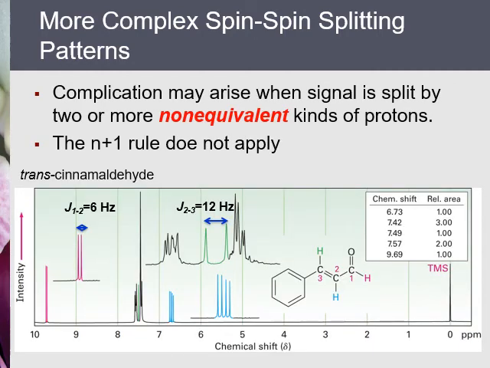Here is another example. In this molecule, we have an aldehyde hydrogen which has a chemical shift of about 9.7. This peak appears as a doublet. This is because this hydrogen is coupled with a vinyl hydrogen, the blue hydrogen.